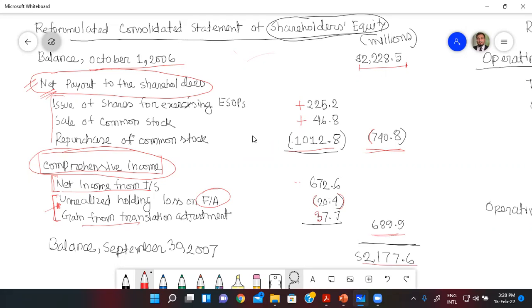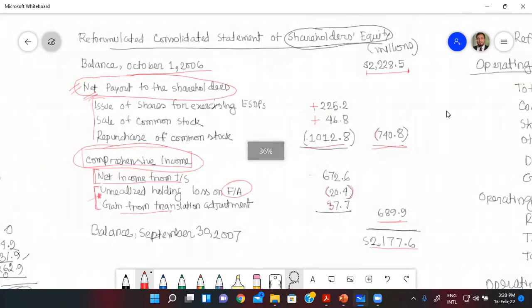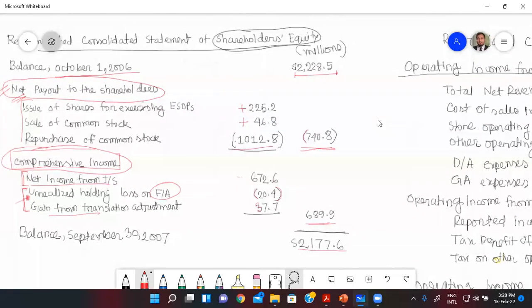Any confusion up to this? Because I will go to the statement of earnings for reformulation, and I will not come back here. Any issue with this? Any issue with how we will reformulate the statement of shareholders' equity?